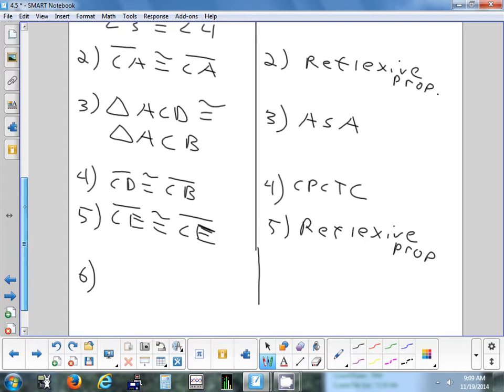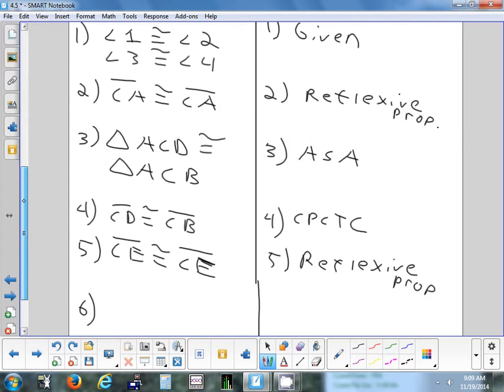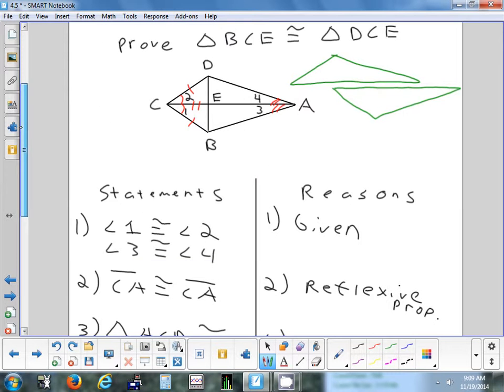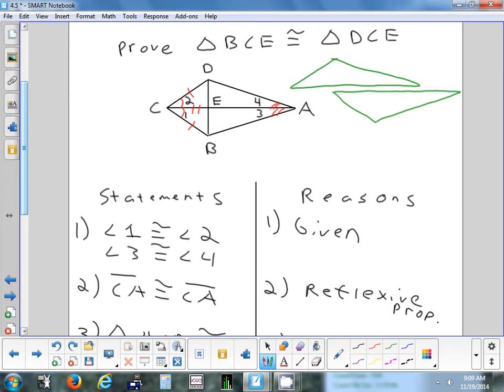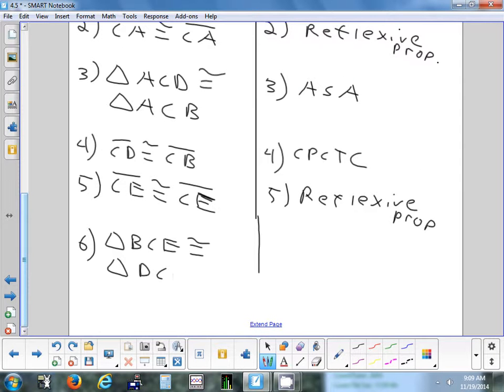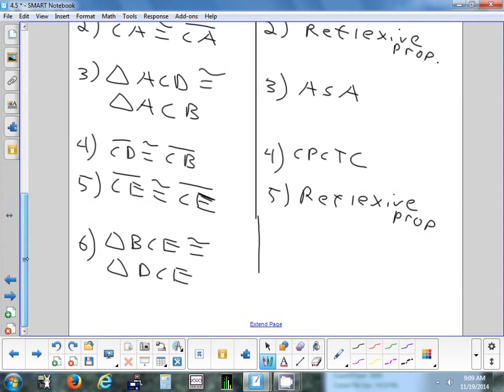And I think we've proven it. Write down what we had to prove: triangle BCE is congruent to DCE. Reason? Yep, side angle side, SAS.